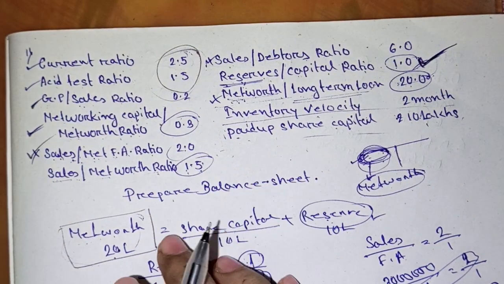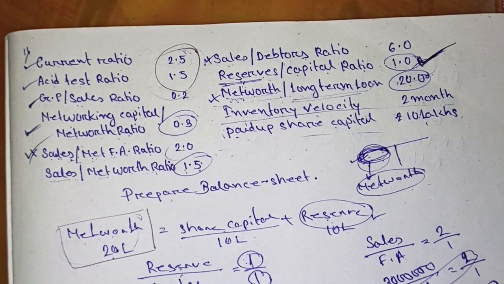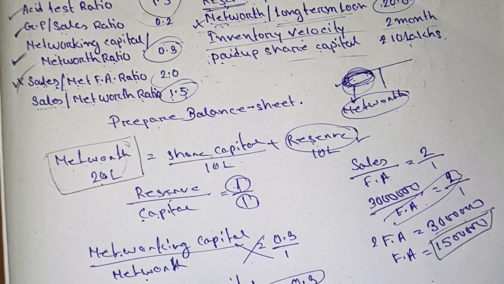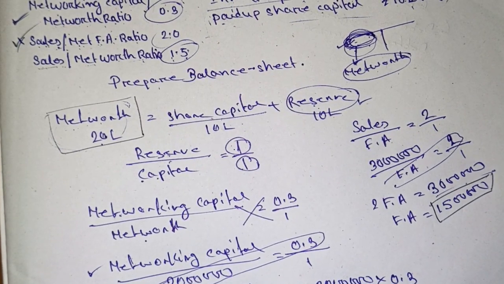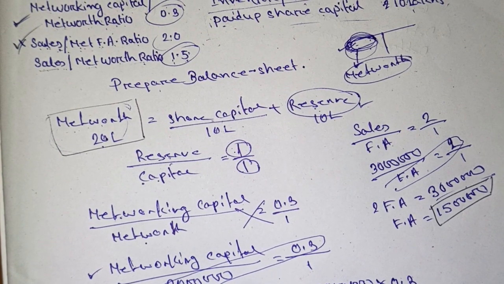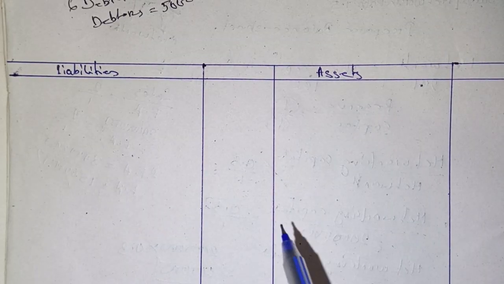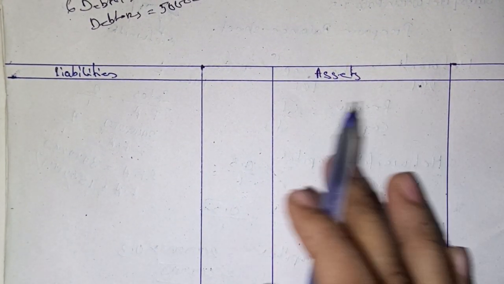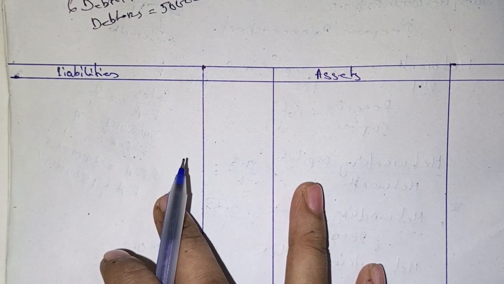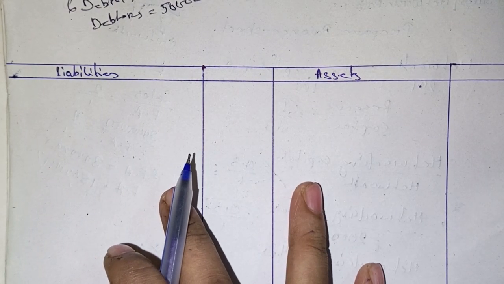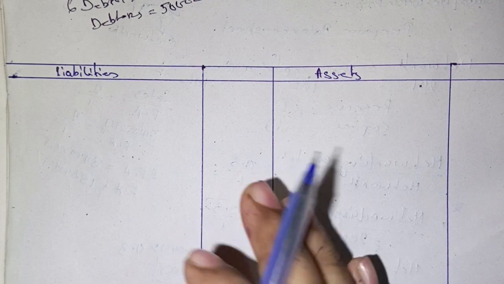Now we have to prepare our balance sheet. I'm going to draw our balance sheet and then I'll show you how we solve it. I have drawn the balance sheet like that. If you like to draw your balance sheet like a company balance sheet, don't worry, you can make it.